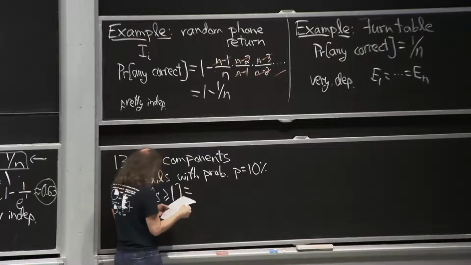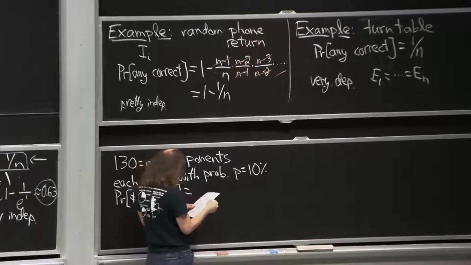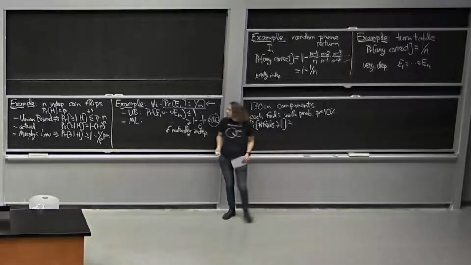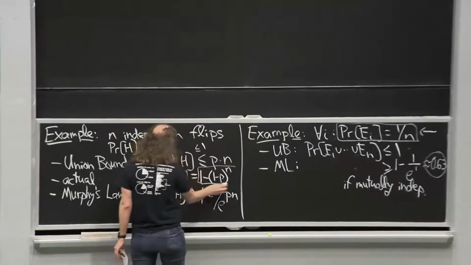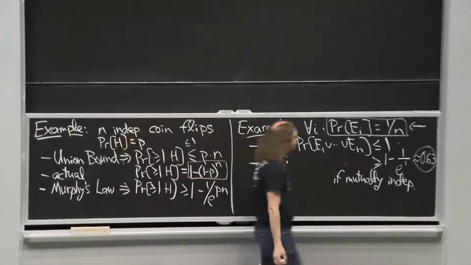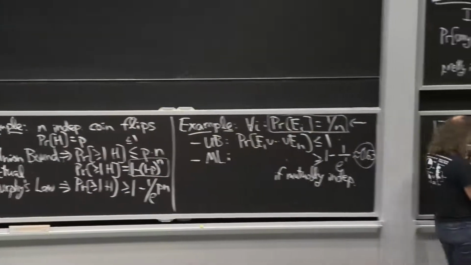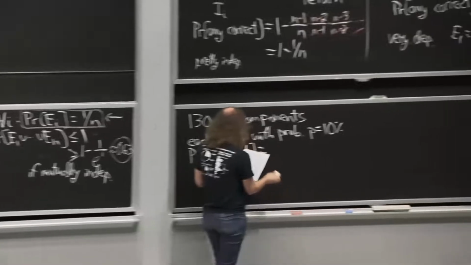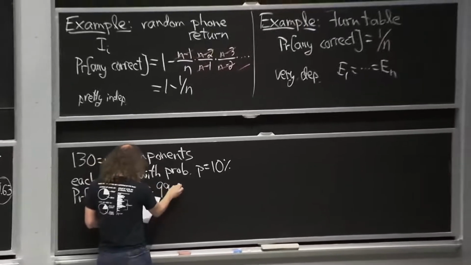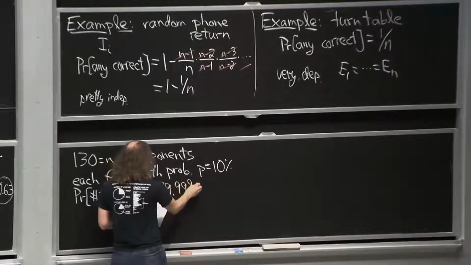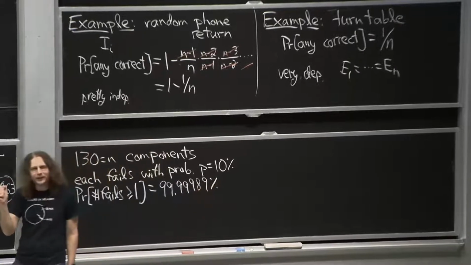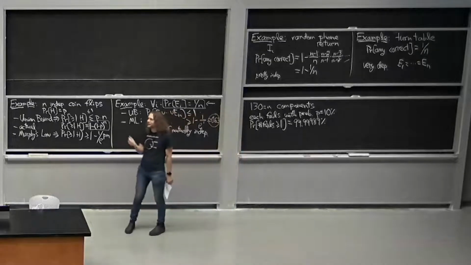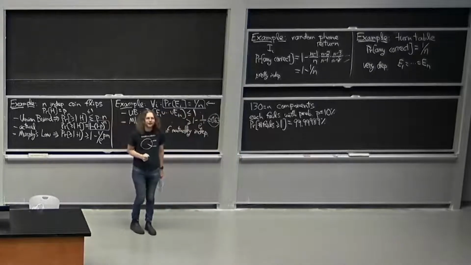Well, it's the same thing we had before: 1 minus (1 minus p) to the n. This is the actual, we won't use any approximation here. It turns out to be 99.99989%, which is exactly 1 in a million chance that this video will come out good.